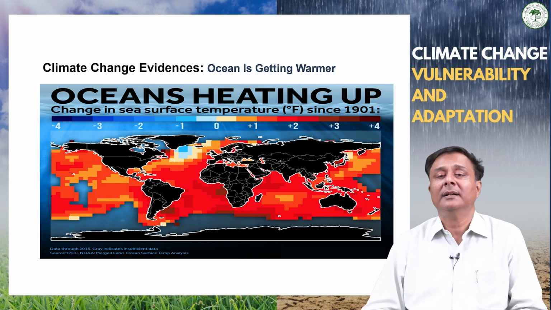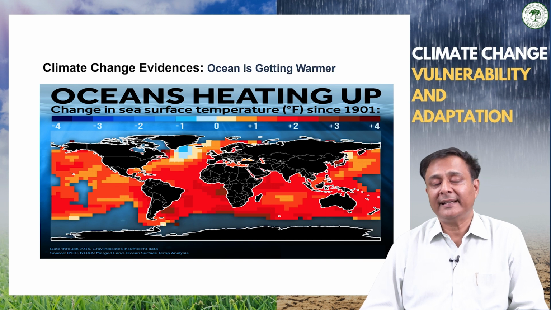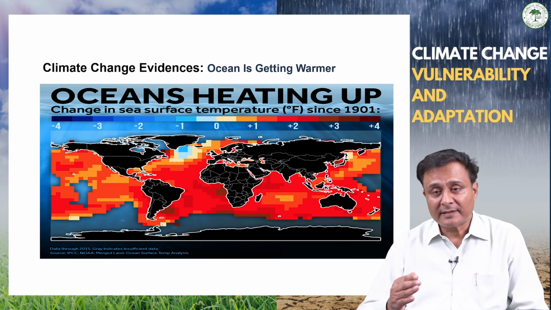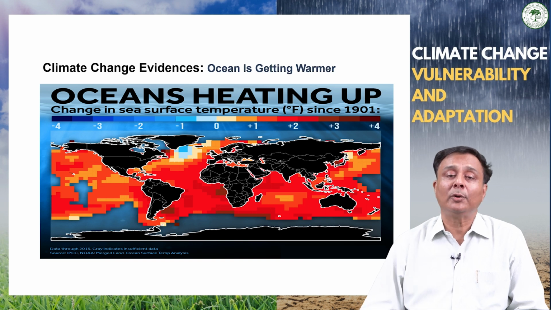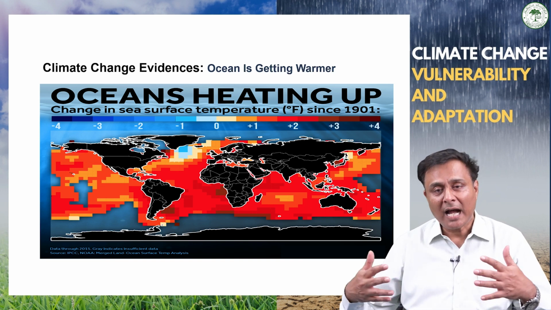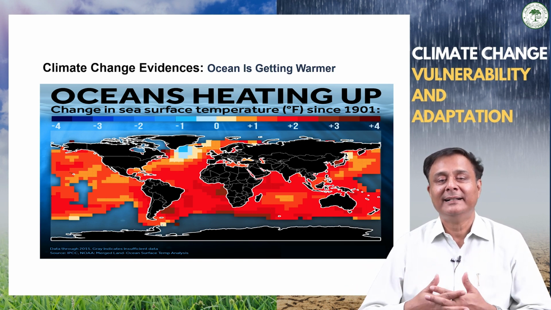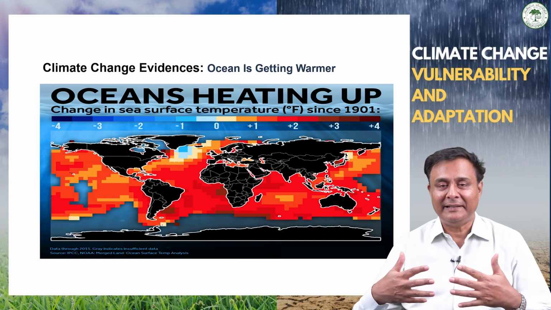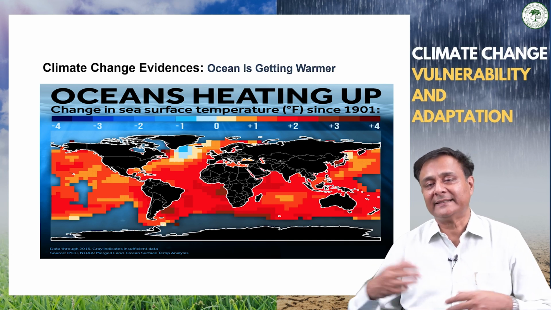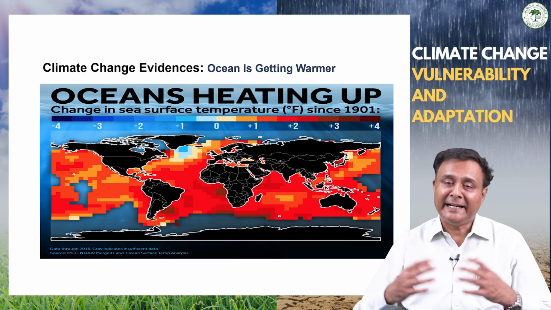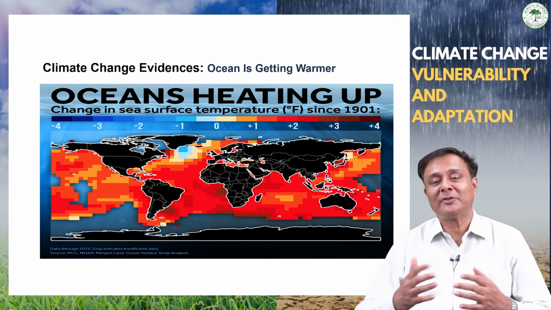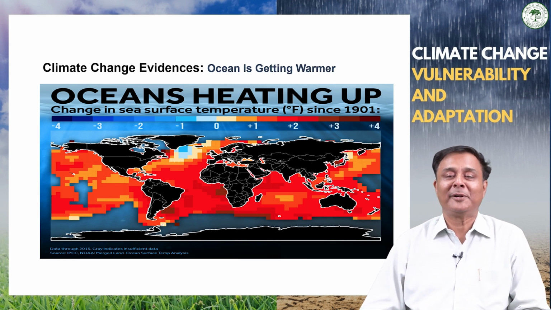That's a very common understanding and scientific fact, which is also contributing to the global sea level rise. Now you see how every phenomenon is interlinked to many others, and the end result is that we are observing the phenomenon of climate change.